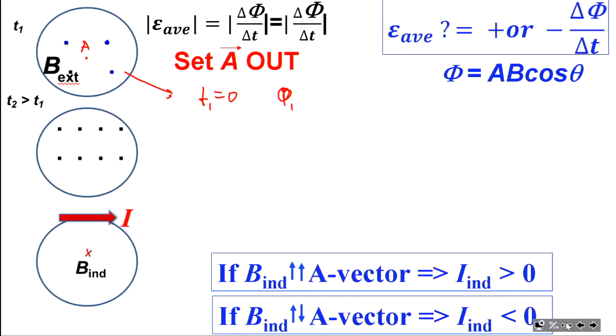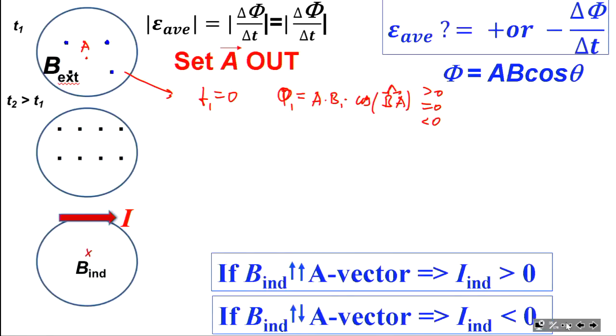So this flux, area, magnetic field strength, number 1, times cosine of the angle between magnetic field and area vector. This is how sometimes people write it down. So positive, 0, or negative.